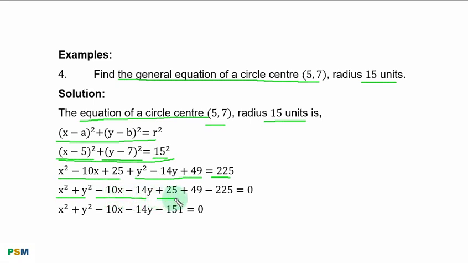You have the constant terms. You have to transfer this term to the left hand side. You have it in this form. When you add the constants, you have this final result as the required equation.